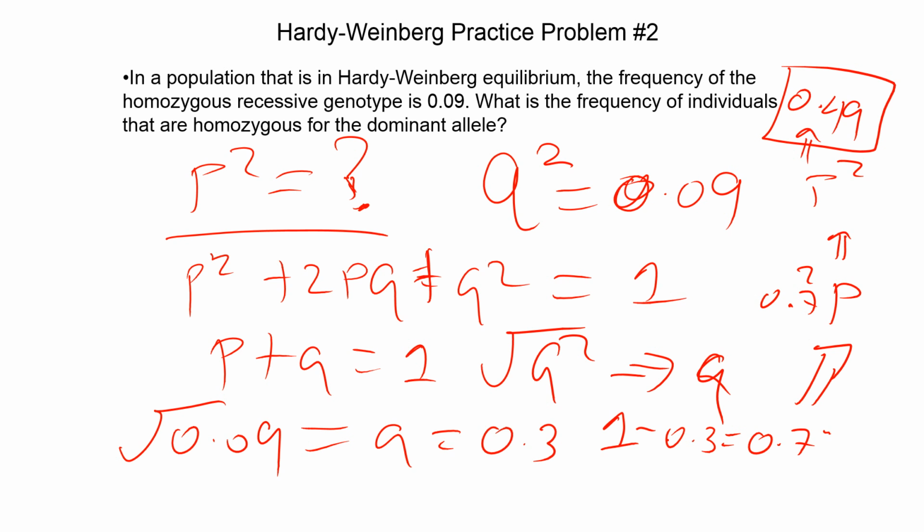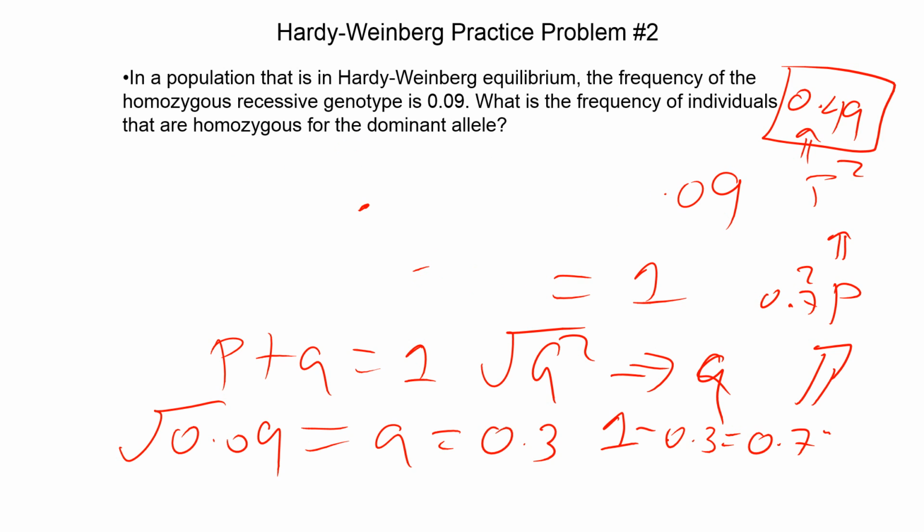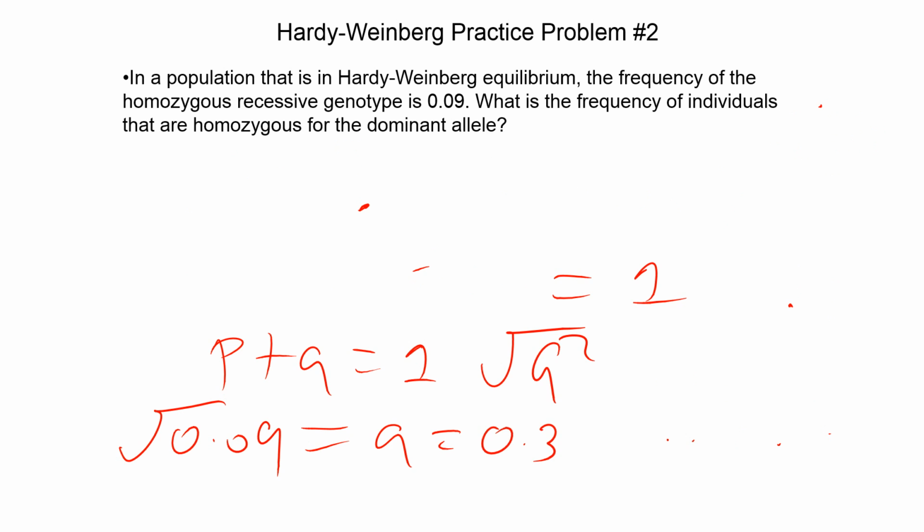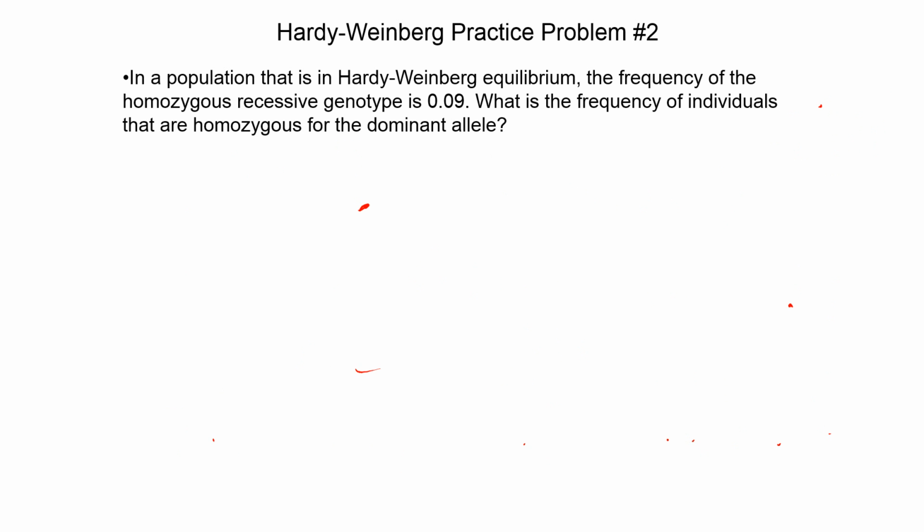Now, with these equations, you don't have to sit here and hunt and peck. Once you have some of these variables filled in, all you gotta do is plug and chug to find the rest. So what if I asked you to find individuals that are heterozygous, or 2pq? Well, you could do one of two things.